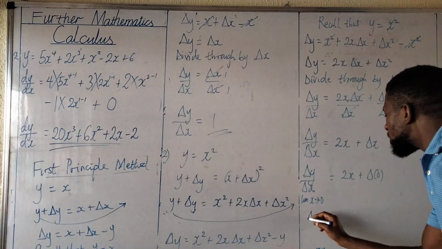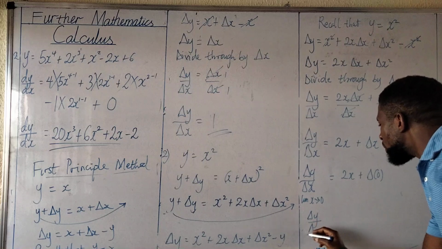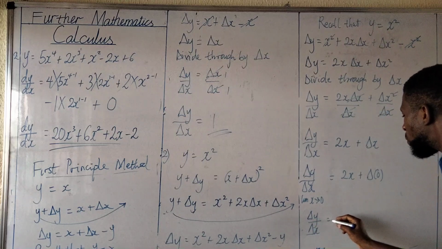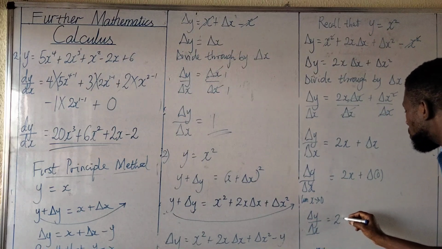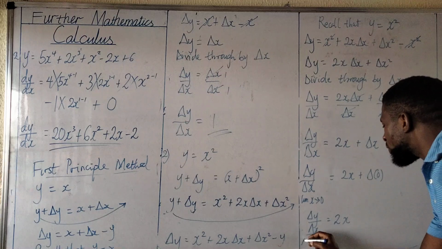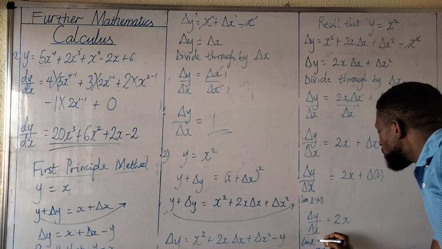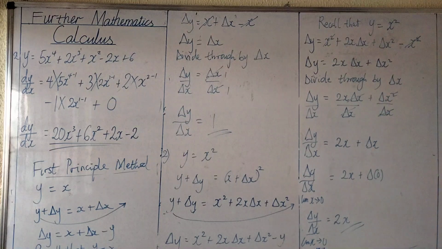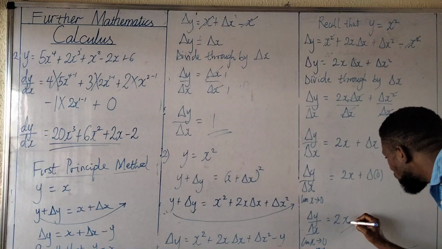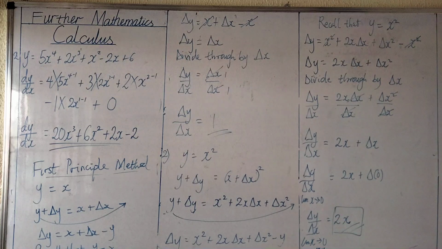Our change in y over change in x will now be 2x. So we have our answer. Using the first principle method, we obtain that our answer is 2x. Then if we use the power method, we can still get it.